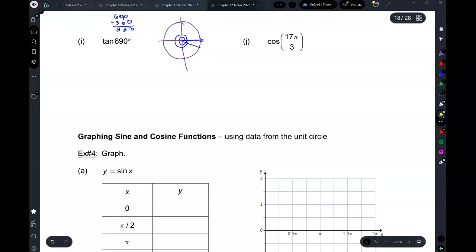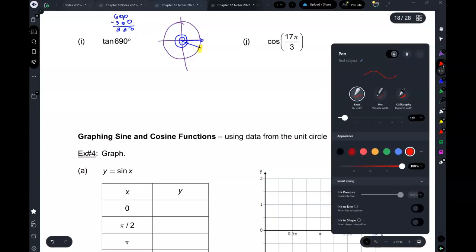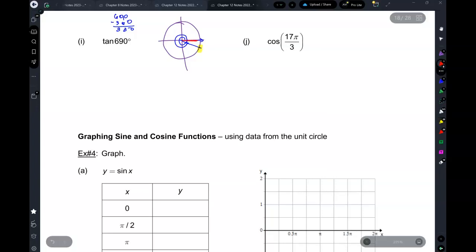So now, how would I get to this point? Well, I would have to go horizontally root 3 over 2, and down negative 1/2. Tangent is opposite over adjacent. So negative 1/2 over root 3 over 2. 2's cancel. Negative 1 over root 3. Negative root 3 over 3.